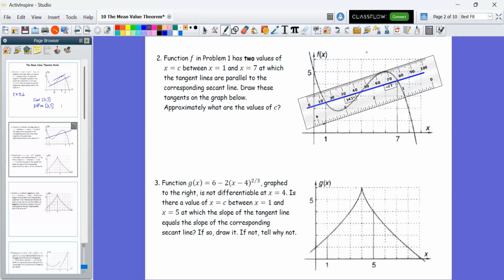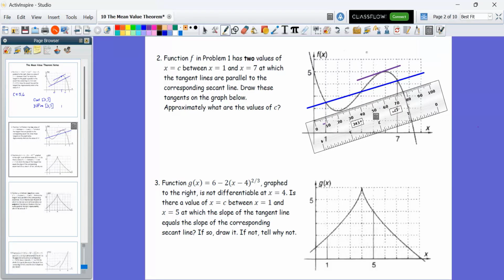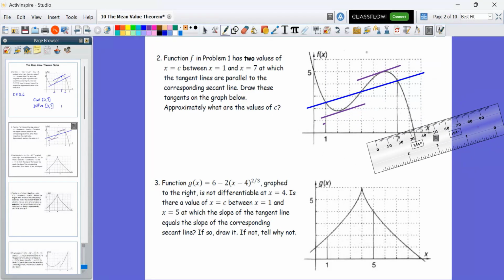I could also slide my ruler down and find a place where my graph will have a tangent that's parallel. So it looks to me like I've got two values of c. One about here and one about over here.